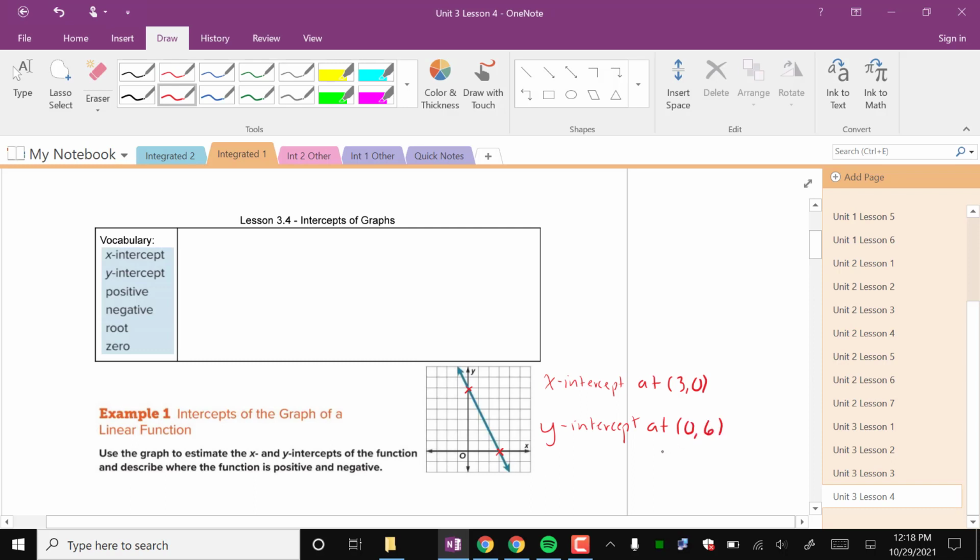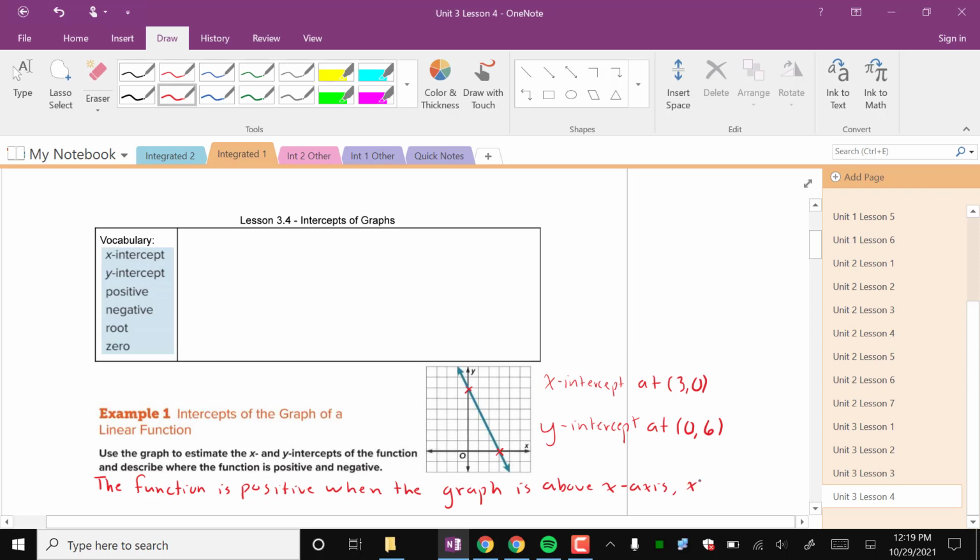Now we want to describe where this graph is positive and negative. So a function is positive when its graph lies above the x-axis. So the function is positive when the graph is above the x-axis.